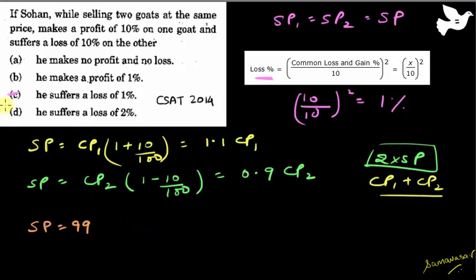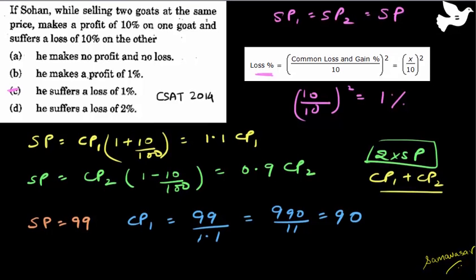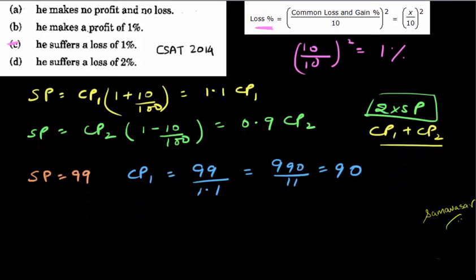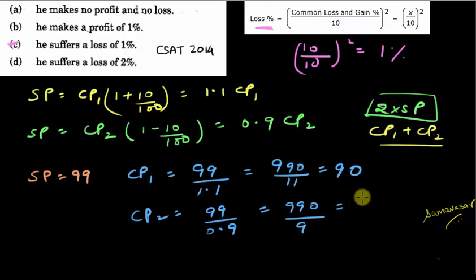So in this case, my CP1 becomes 99 divided by 1.1, which is equal to 990 divided by 11, which is equal to 90. Similarly, my CP2 becomes 99 divided by 0.9, which is again 990 divided by 9, which is equal to 110.